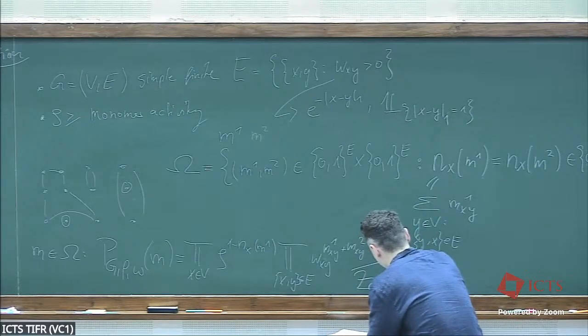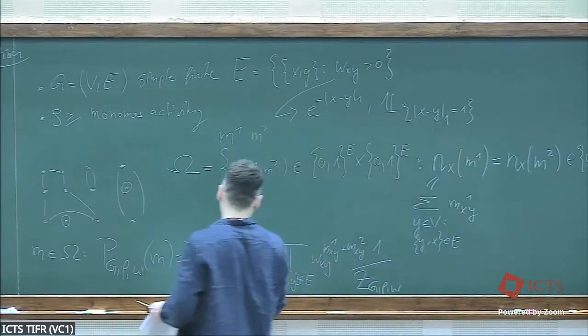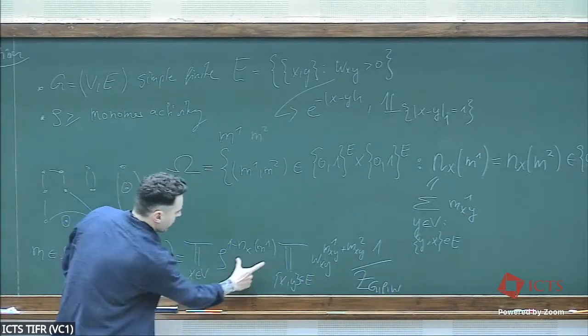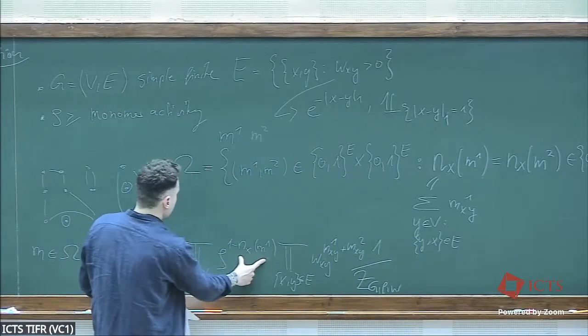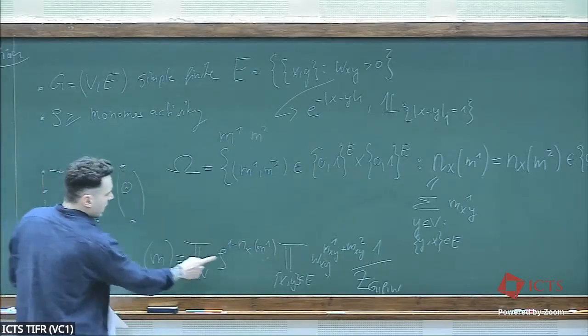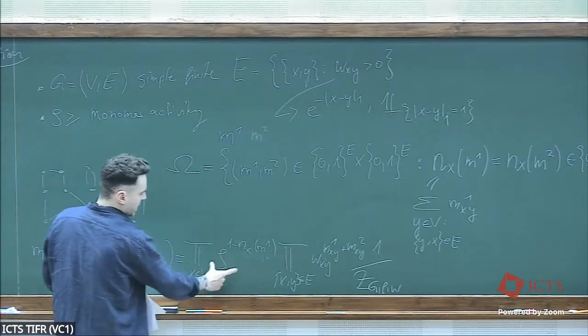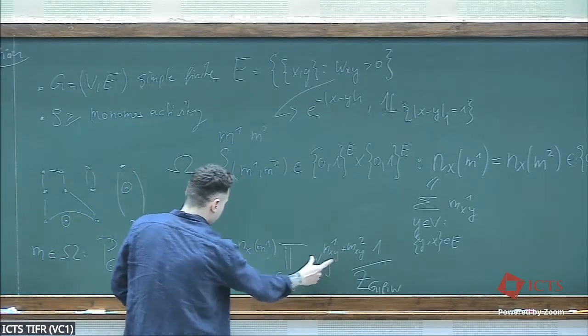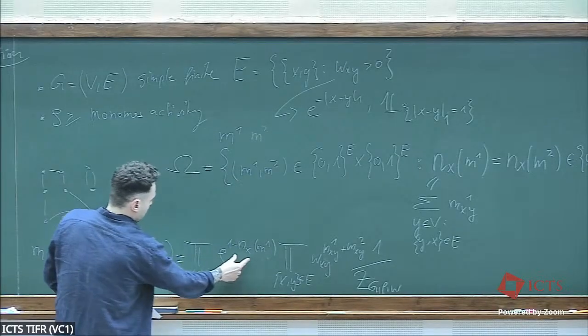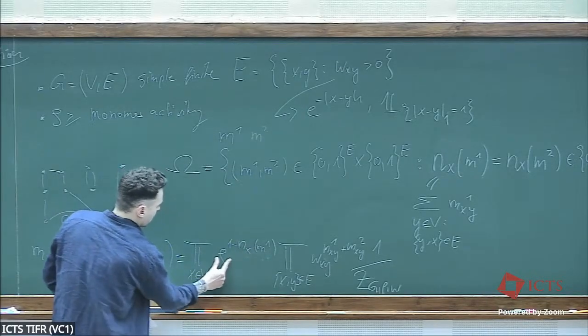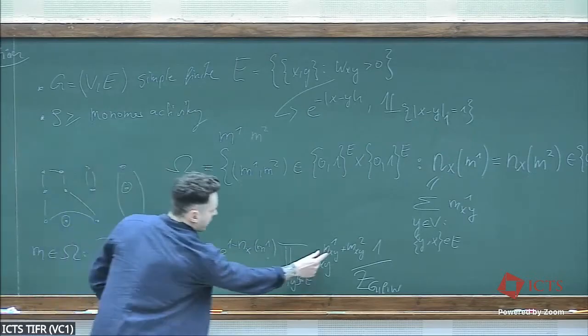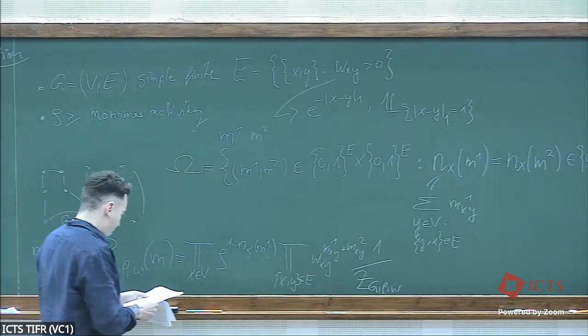So what we have to do is divide by the partition function such that we get a probability measure again. And what this probability measure does is, if there is a dimer at the node, then this is 1, so this becomes 0, so this weight kicks in. And if there is no monomer, then we get 0 here, so we get just the monomer weight, because then this one is also 0.